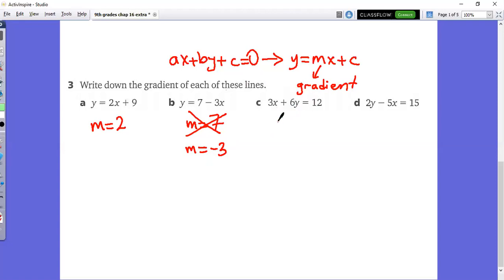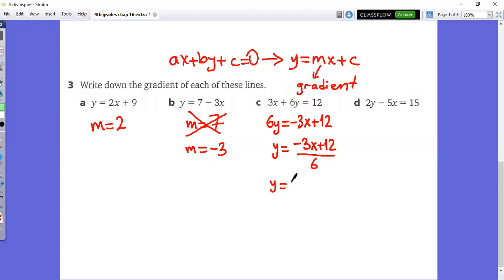y should be isolated, I said. So 3x first should be transferred to the other side. 6y will be kept on the left side. So rewrite. 3x on the right side is going to be minus 3x. We have 12 on the right side, that's positive 12. 6 will be dividing the expression on the right side because it's multiplied on the left, so it's going to divide on the right side. Minus 3x plus 12 will be divided by 6.